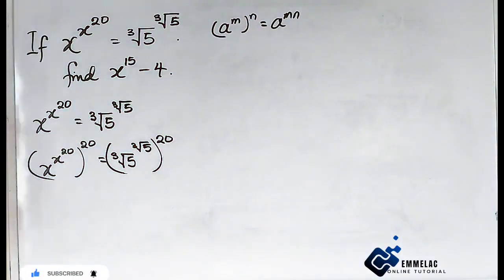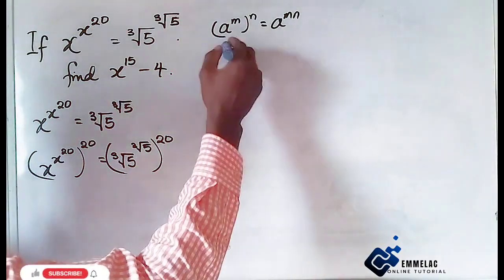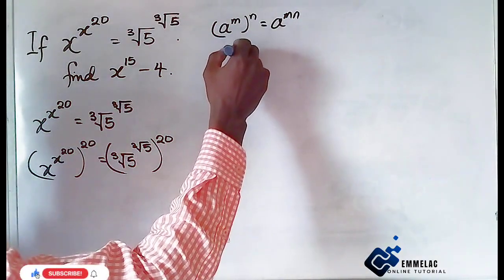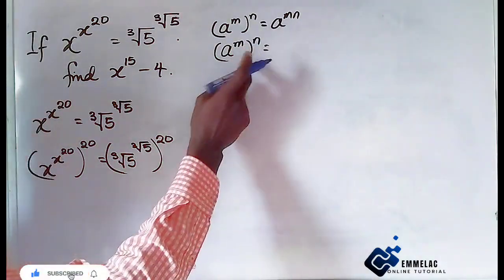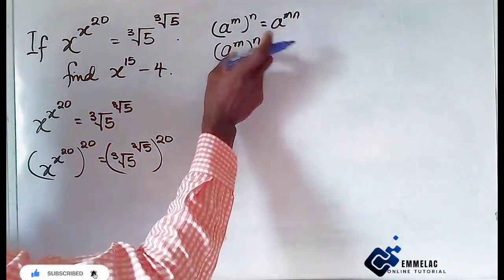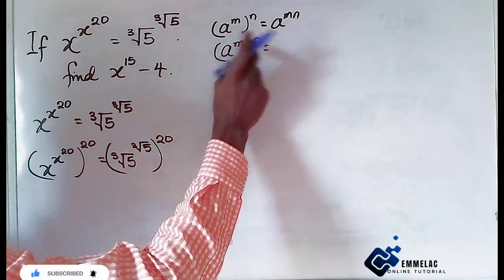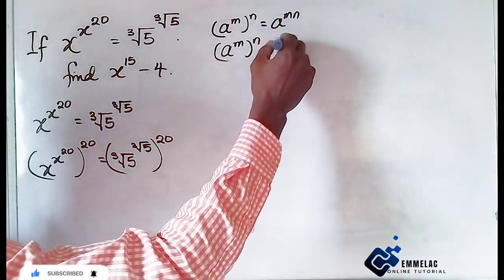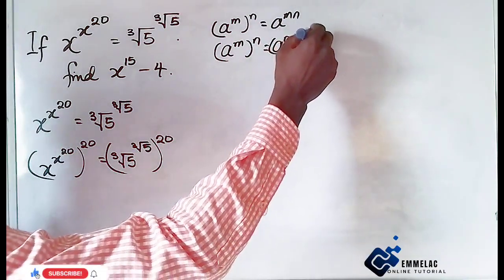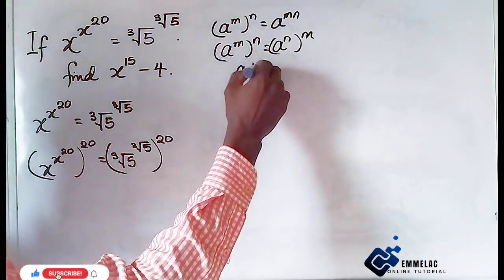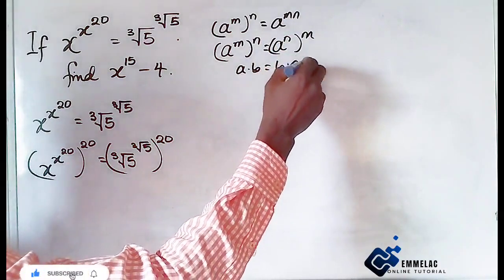In like vein, we can also say that a raised to the power of m raised to the power of n can be interchanged, since it is a product. So we have a raised to the power of n raised to the power of m, because a times b equals b times a.